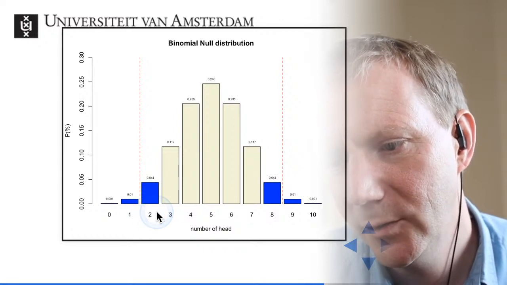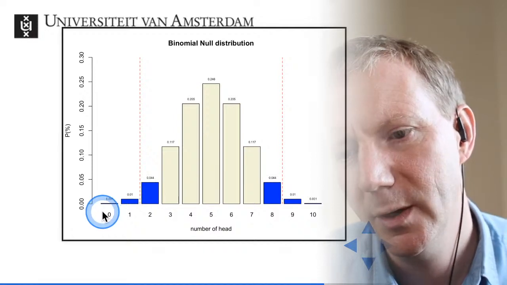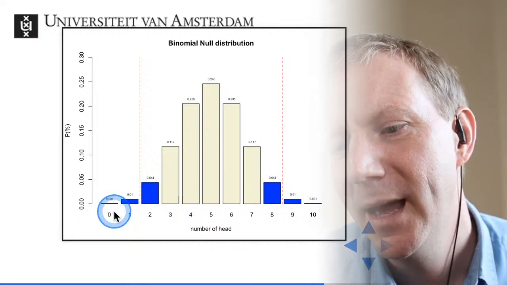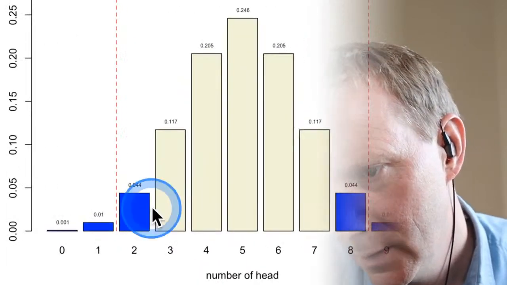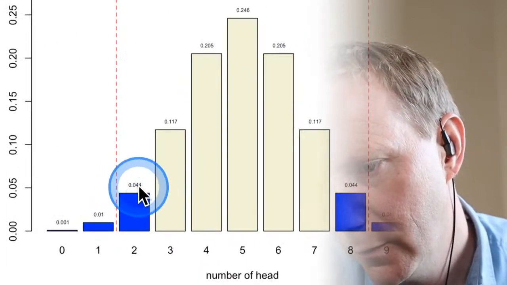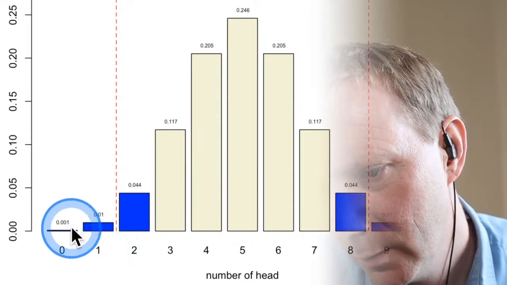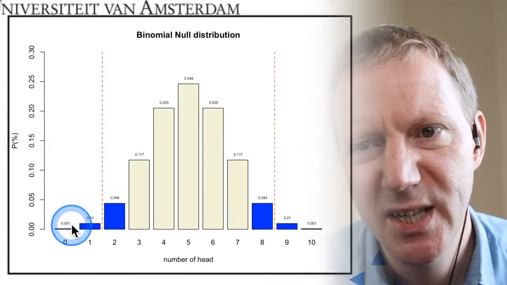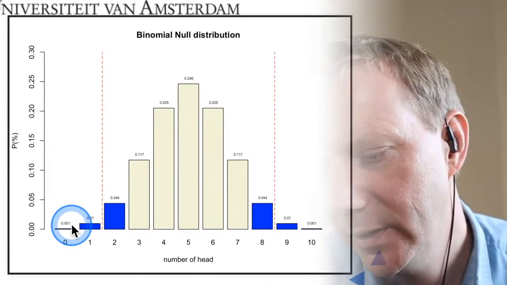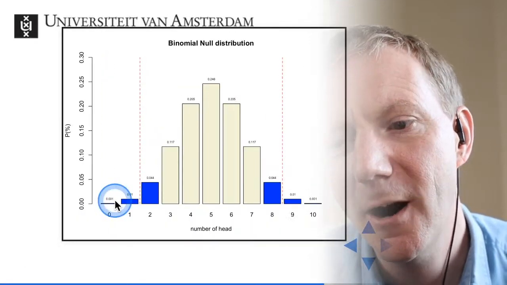Well, what is more extreme than 2? It's going to the outskirts. That's more extreme. And what is the probability? So the probability is 0.044 plus 0.01 plus 0.001, and the same, because we're testing two-sided, the same on the other side. So this is our p-value.